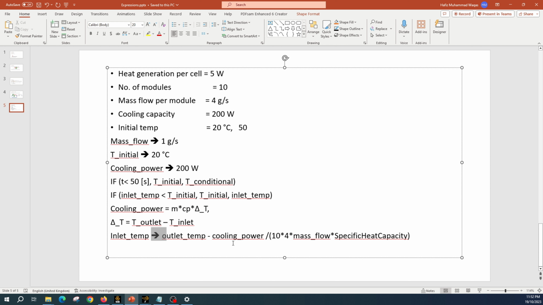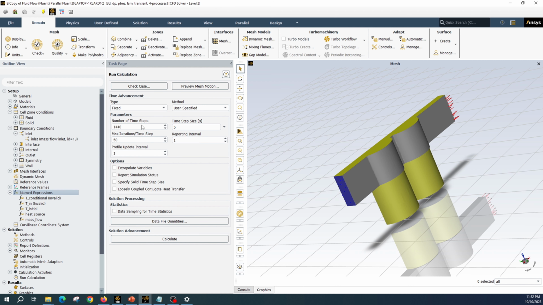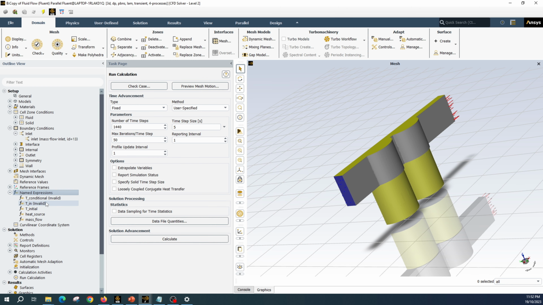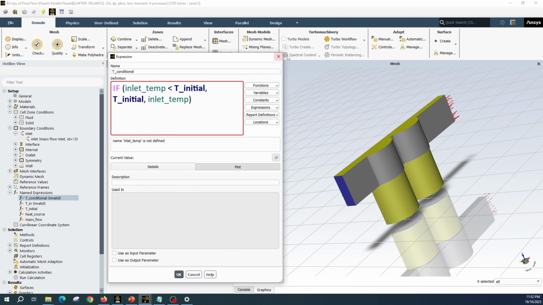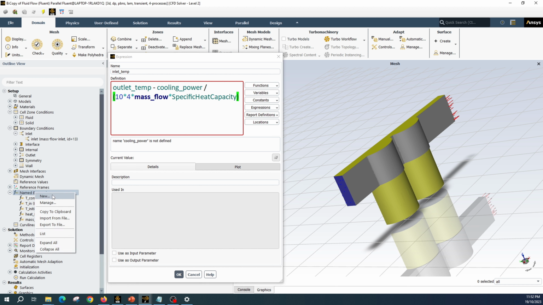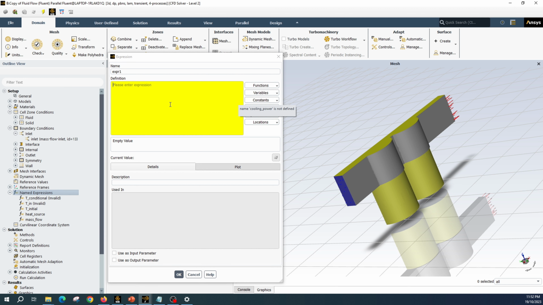Now we can copy paste this one over here, and go to Fluent and say, what was the name, because we need to use the same name, inlet temperature. It says cooling power is not defined, so heat source is something else, we also need to define cooling power in watt.